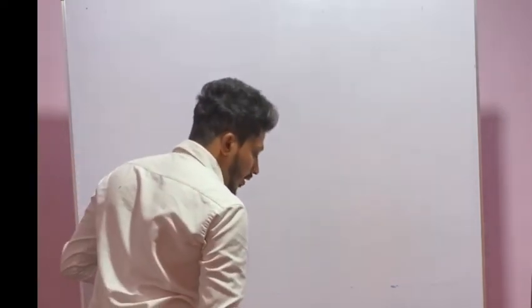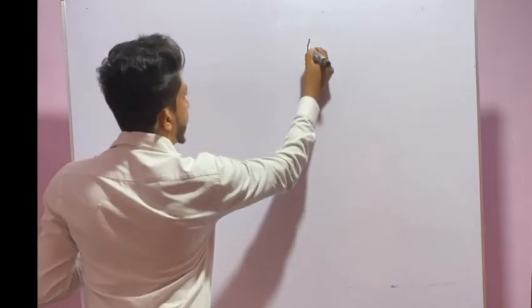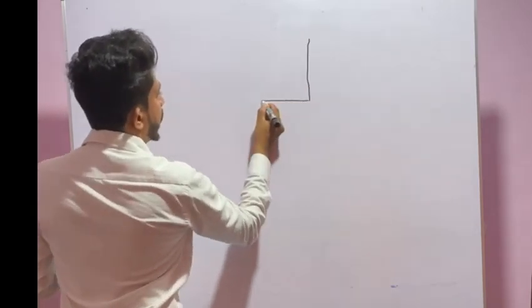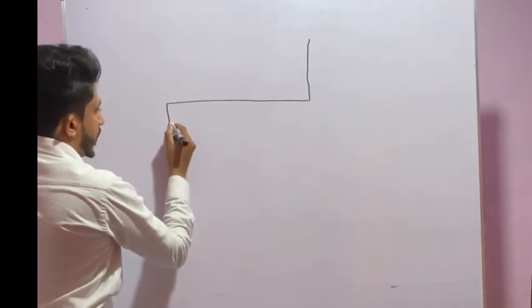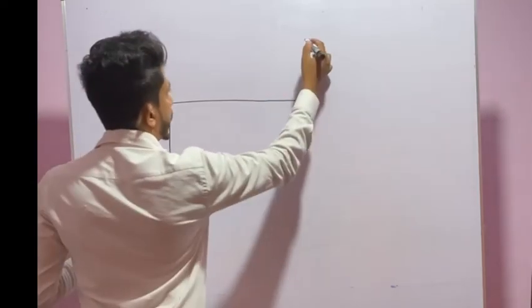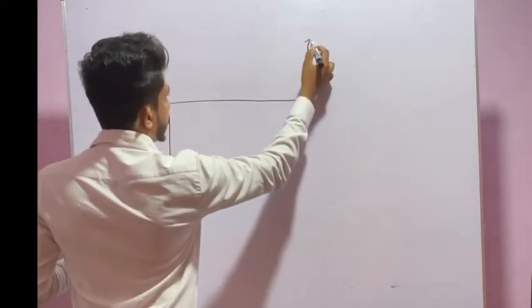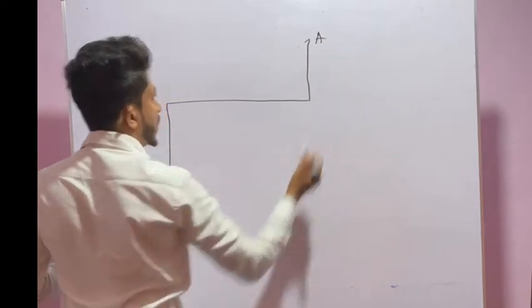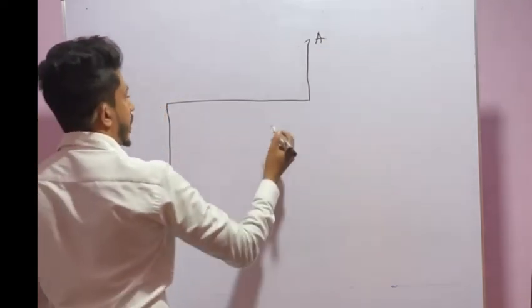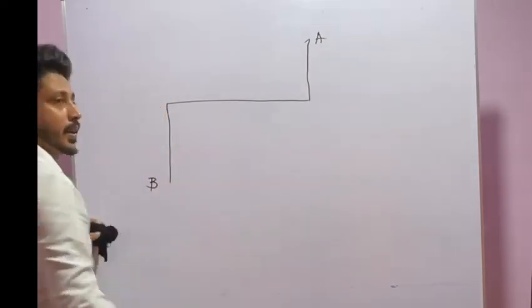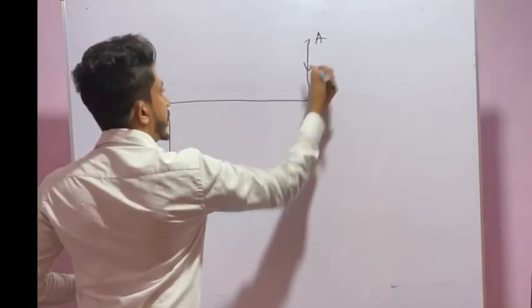So the first exercise is: a student has traveled like this. This is position A. This is B. He has traveled like this.